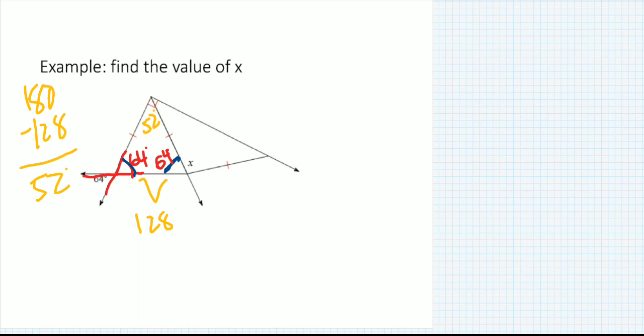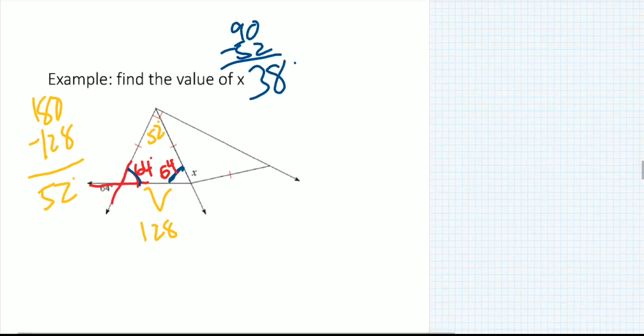Since it's a complementary angle with the other one, because of the little red box, I can do 90 minus 52 to get this angle right there. Doing that work, I end up getting 38 degrees. So this angle right here is equal to 38 degrees.